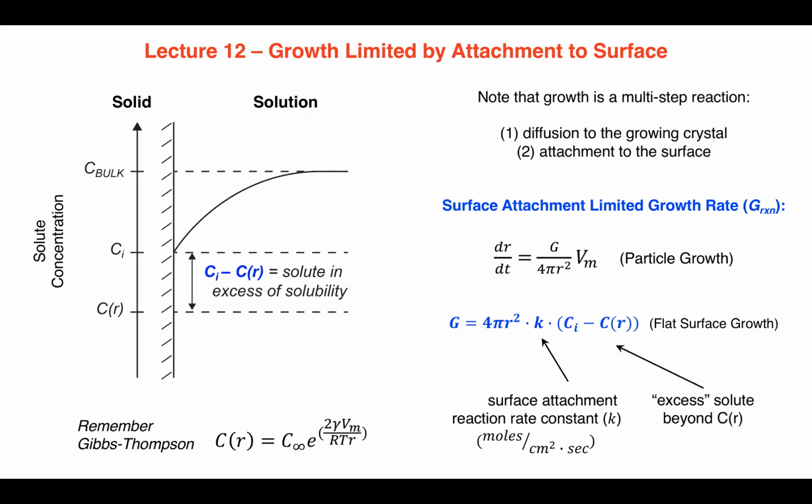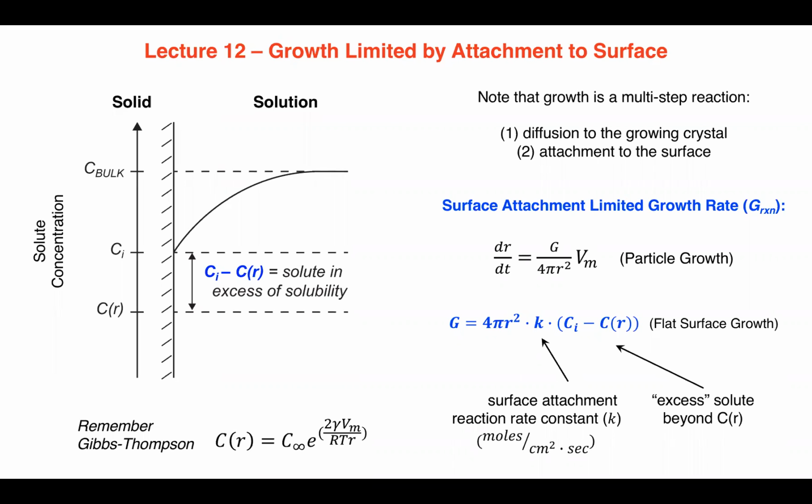You've got a rate constant, you've got a concentration. And here we've actually added units to account for the fact that this thing is a sphere to get the flat surface growth rate. Okay, so this is surface area of the material times some value of K, moles per centimeter squared per second. And then this is the amount of excess solute. A little bit simpler rate expression. It's linearly dependent upon the excess solute concentration.